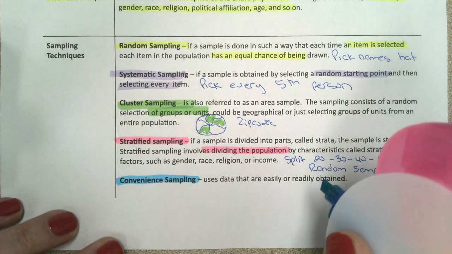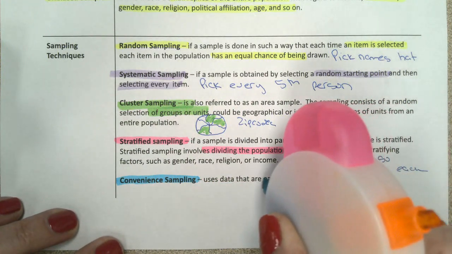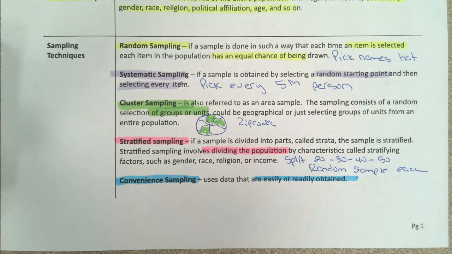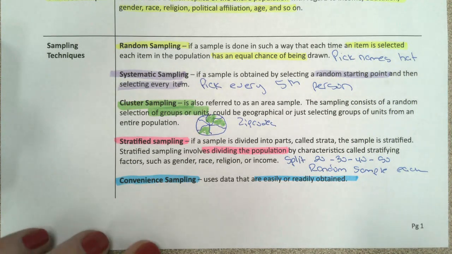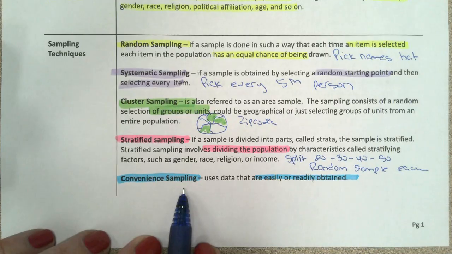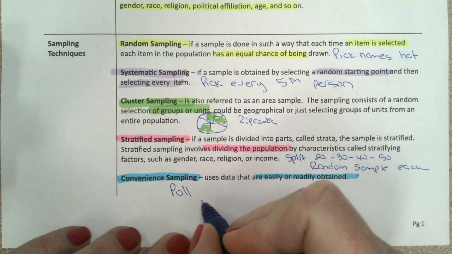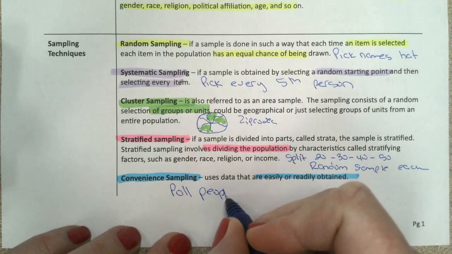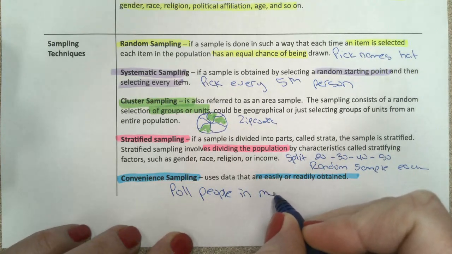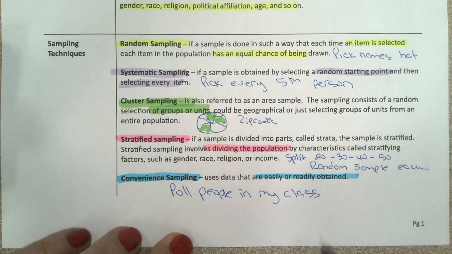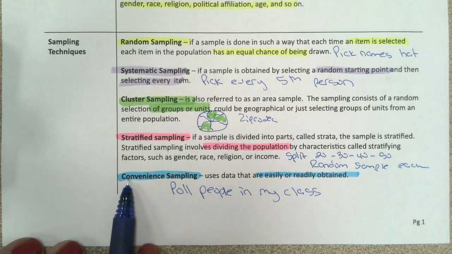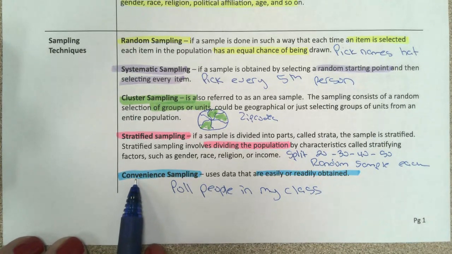Convenient sample is data that is easily or readily obtained. So maybe you have an assignment and you have to poll some people and you're kind of lazy and you just poll the people in my class. All right, so there are some downsides to convenience sampling.